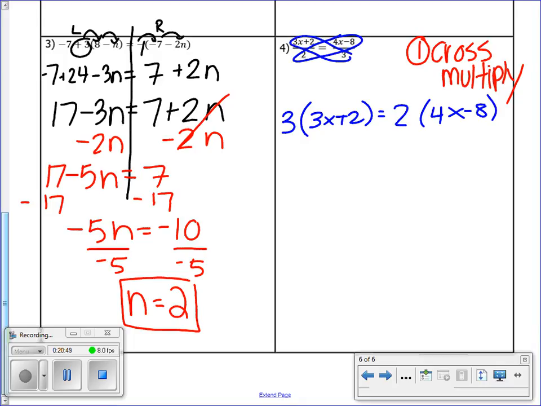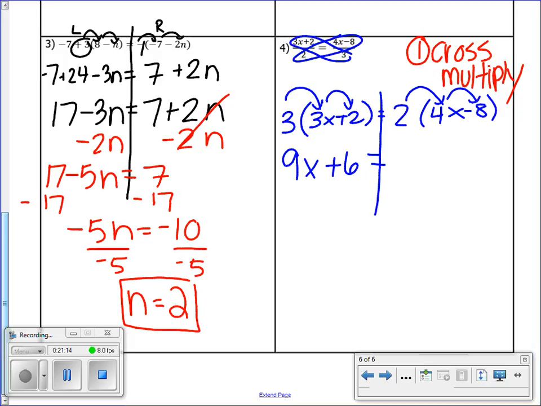Now that we cross multiplied, now we don't have fractions. This problem becomes less intimidating, and we can just take on the steps that we usually do. So now we have parentheses, so we have to distribute. So I'm going to take this 3 and distribute it to the 3x and the 2. So I get 9x plus 6 equals, and I have a 2, so I'm going to distribute that to the 4x and the 8.